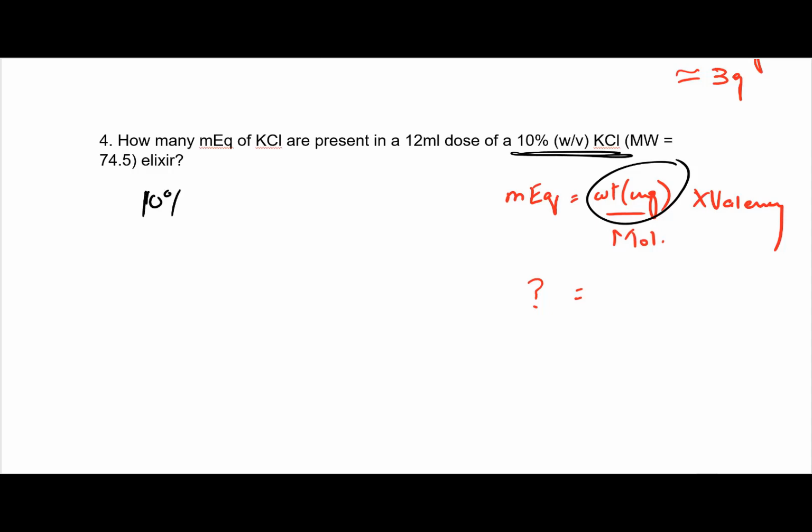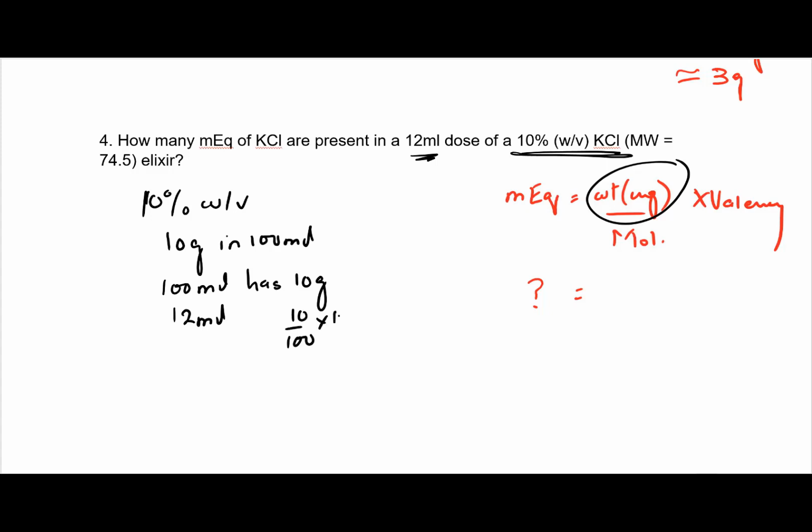10% weight by volume means 10 grams in 100 mls. But this solution is 12 mls. So if 100 mls has 10 grams, 12 mls will have 1.2, but this is grams.